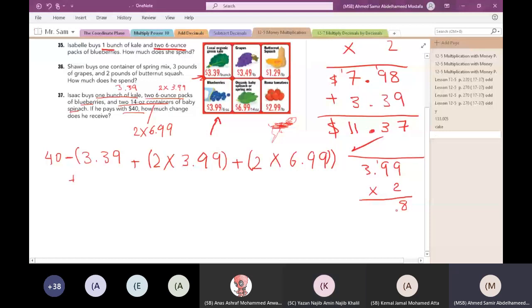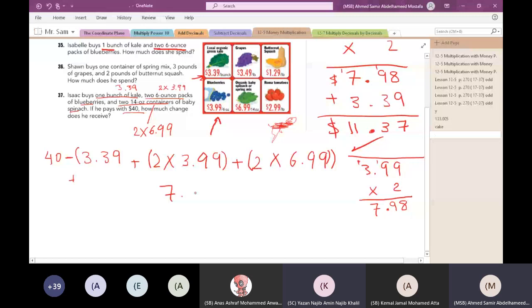We will put down the decimal point here. 2 times 3 is 6, plus 1 is 7. So this part is 7.98. Thank you very much.